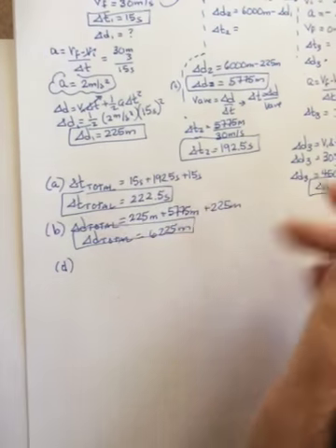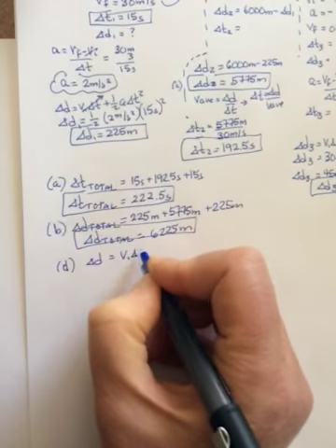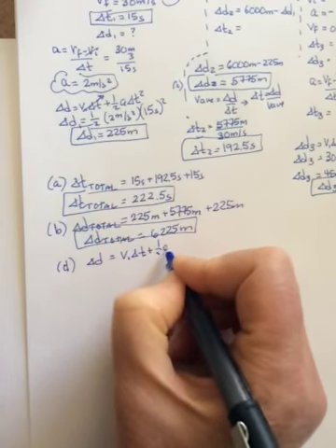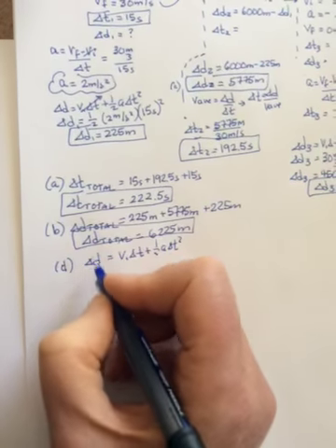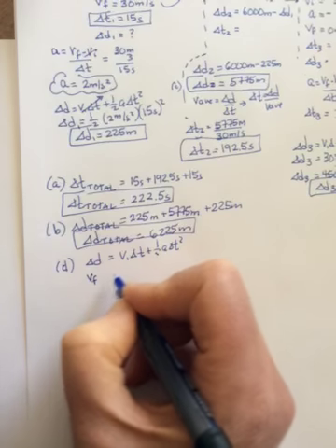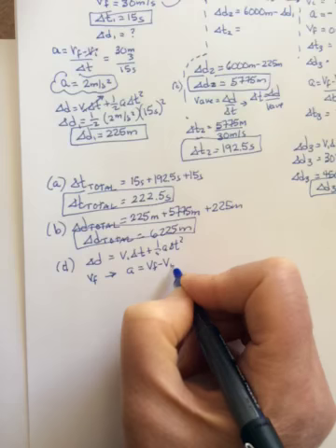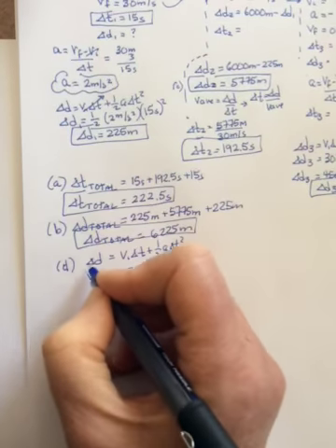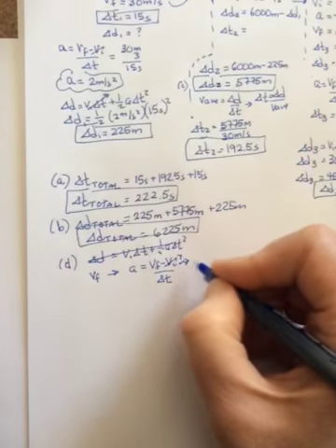So this is D after 15 seconds, because delta D is equal to VI delta T plus 1/2 A delta T squared. No, I didn't ask how far. It asked how fast. So we're looking for VF. So we could use A is equal to VF minus VI over delta T. So VI goes to 0.